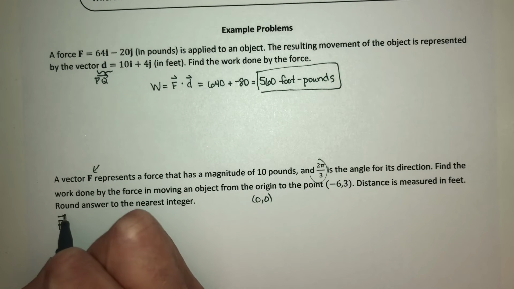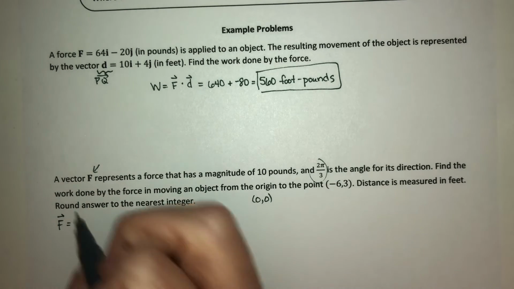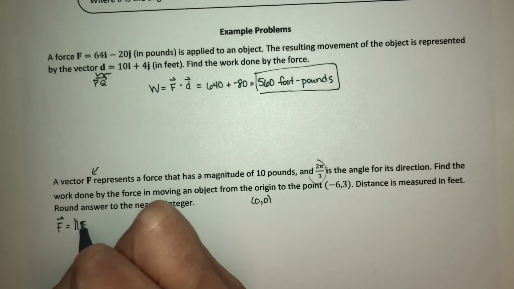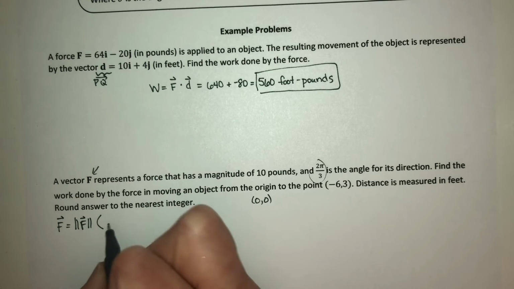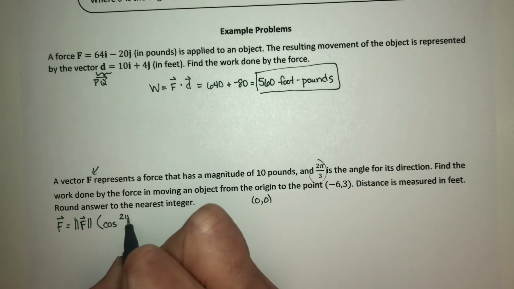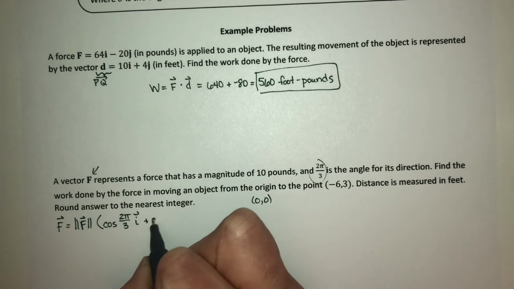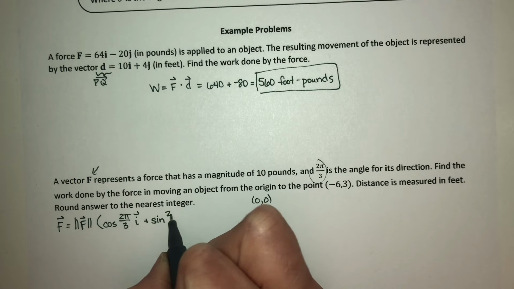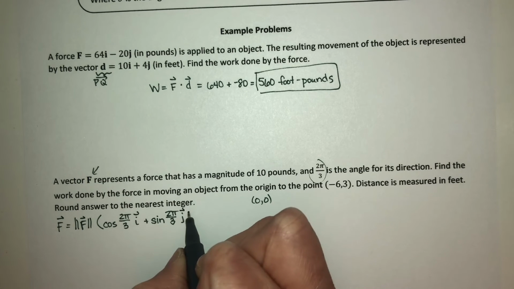F is going to equal the magnitude of F times cosine of that angle, 2 pi over 3 i, plus sine of that angle, 2 pi over 3 j.